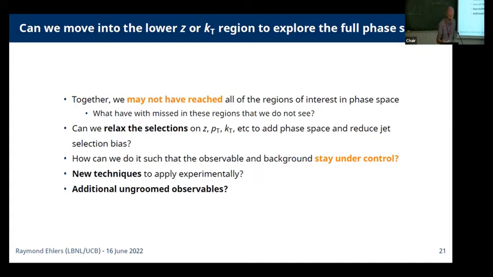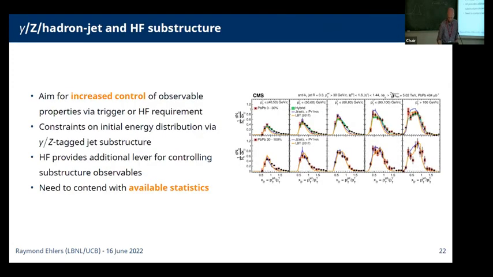So are there some newer techniques we can apply experimentally, or perhaps some additional ungroomed observables? We've already seen some, for example, with the angularities, that provide the opportunity to get to this region.